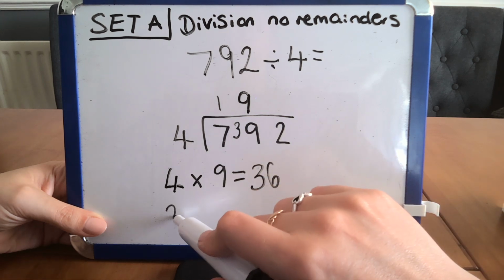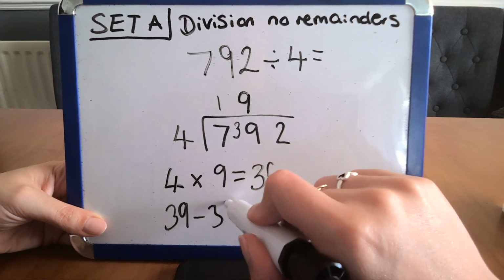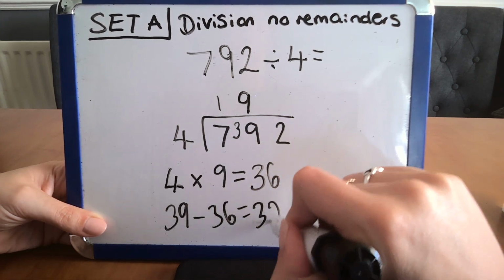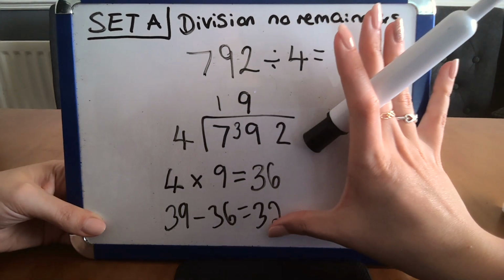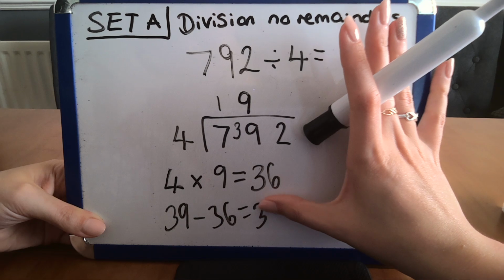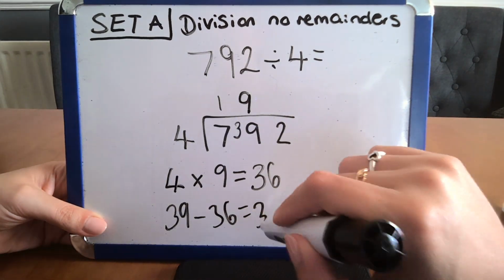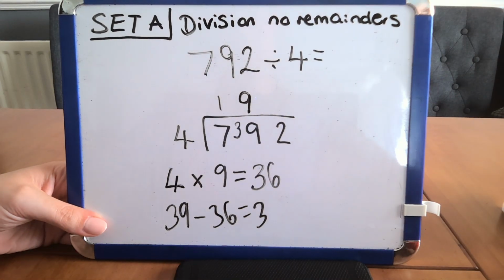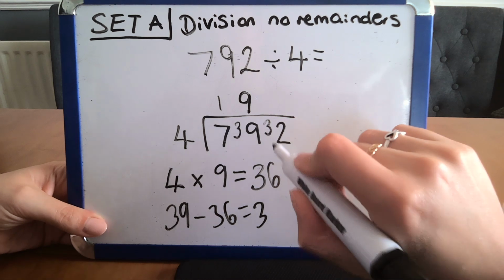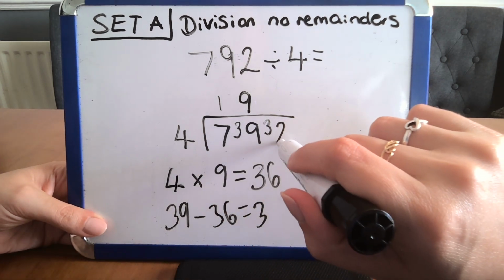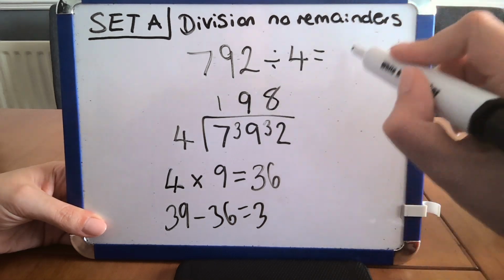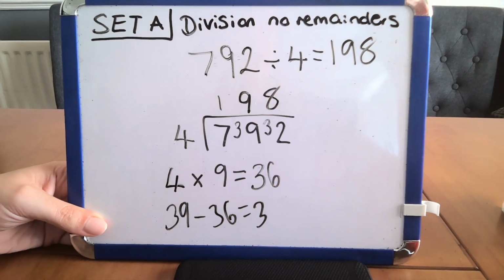How many left over? Sorry, it's 3. So 39 take away 36 is 3. Got ahead of myself there. Our 3 goes here, making our number 32. How many 4s go into 32? 8. So our answer is 198.